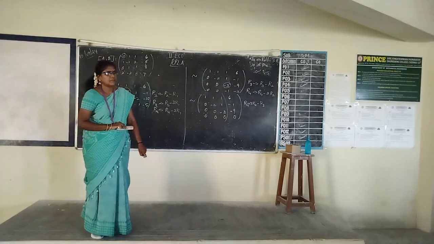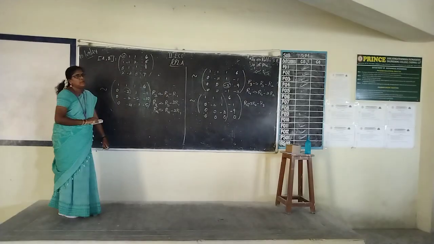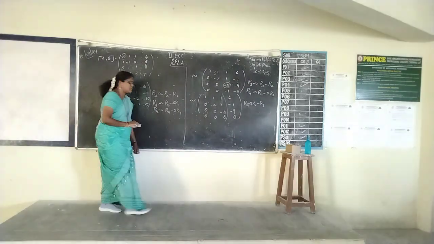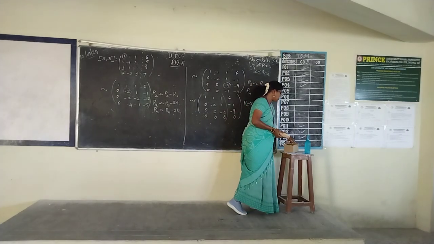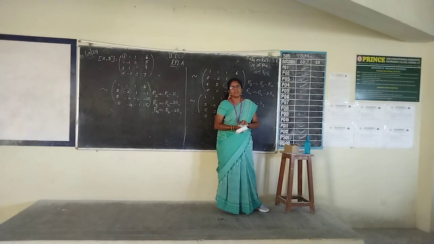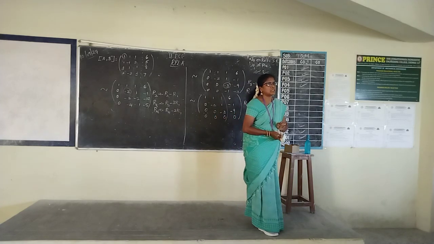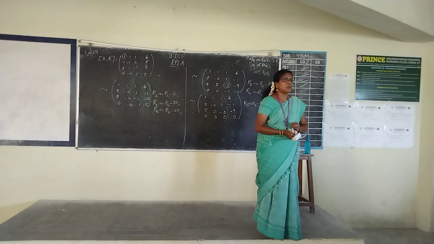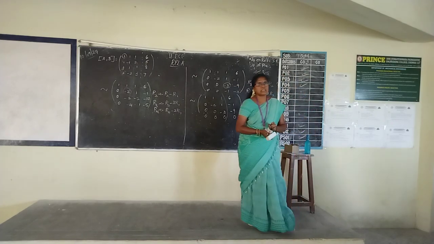So, rank of AB equals 3. Next, rank of A equals 3. Next step, number of unknowns equals 3. Right, next line.